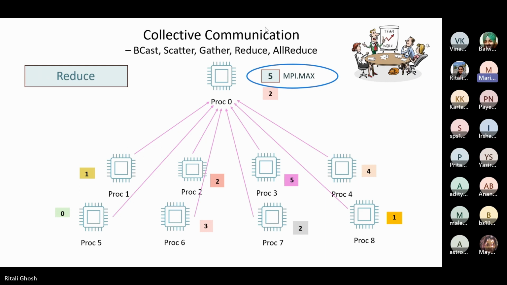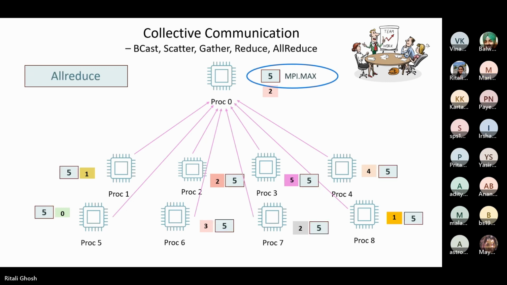Now you also might want this final maximum to be with all processors. Then you have allreduce. All of them have copies of their own calculation, but all of them also have this final result with them as well. So it's kind of a reduce followed by a broadcast of the final sum to all of them.